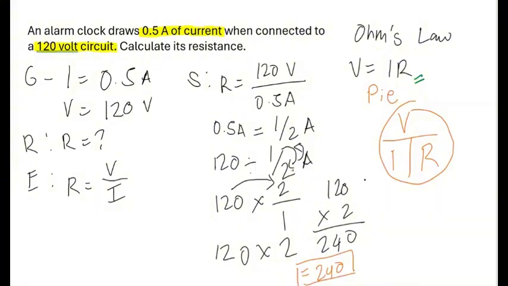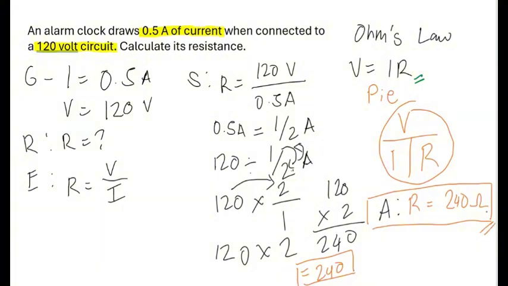We have our answer to complete our GRESA. Our resistance for our alarm clock is 240 ohms. That is our final answer.